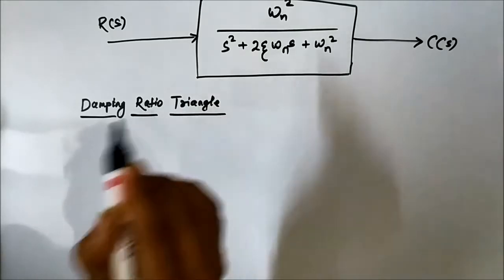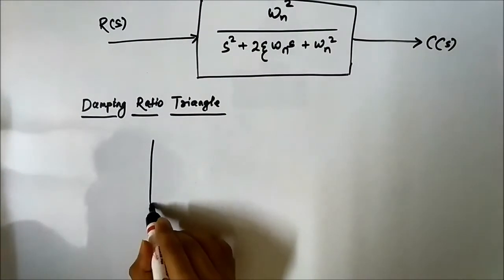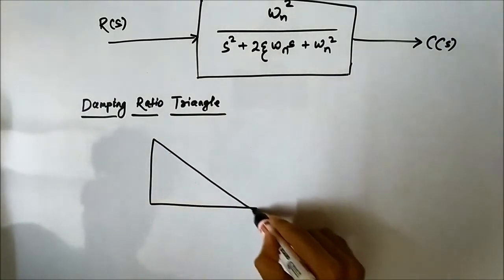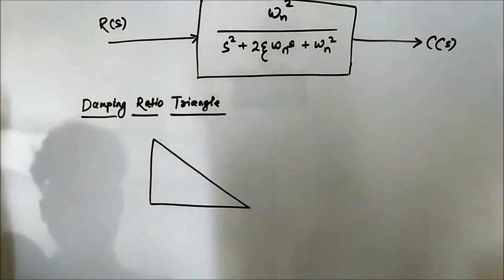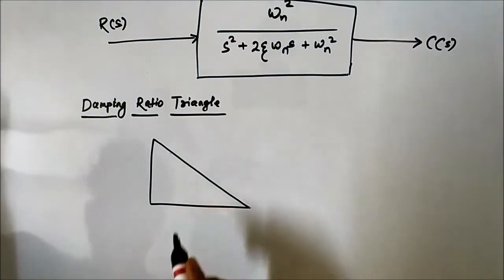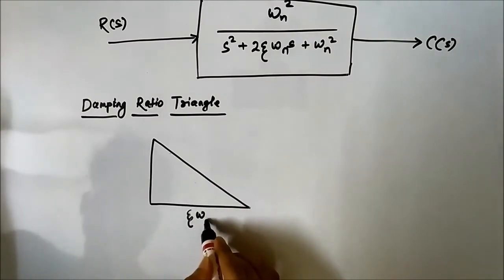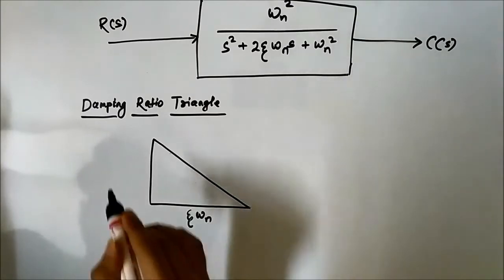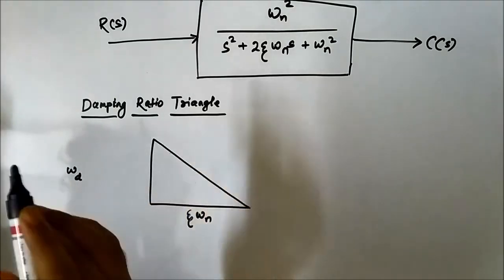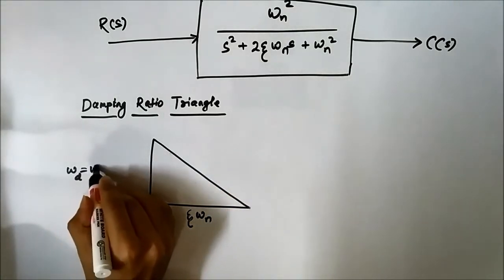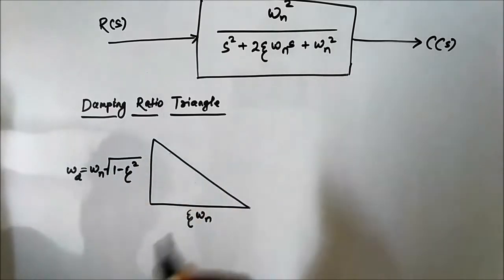It will be a right angle triangle, and it looks something like this. This base is zeta omega n. This is omega subscript d, which is nothing but omega n into root over of 1 minus zeta square.